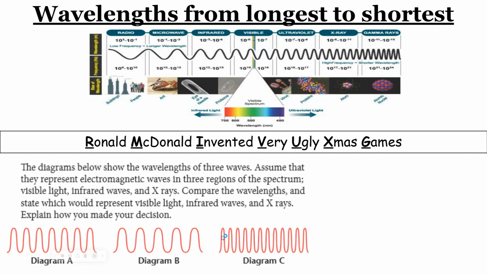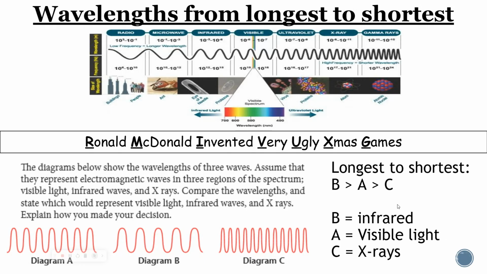The ones that have the smallest wavelengths between X-ray, infrared, and visible light would have been diagram C. Then the largest wavelength would have been infrared light, so that would be diagram B, and the in-between would be visible light over here. So B is infrared, A is visible, and X-rays are C, and that's based on the wavelength knowledge that we have.